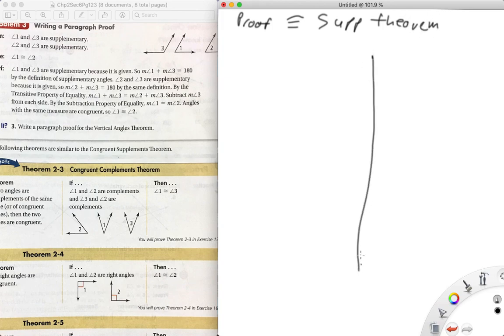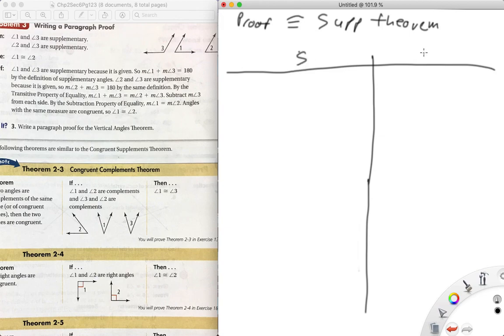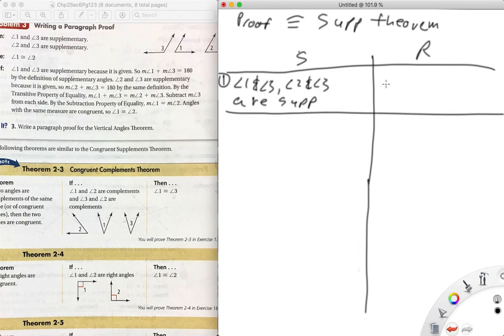Alright. Here's what they give us. They give me that 1 and 3 and 2 and 3 are supplementary. They give us this.